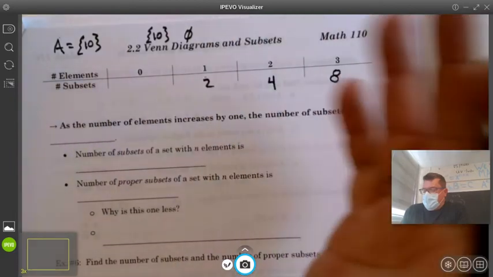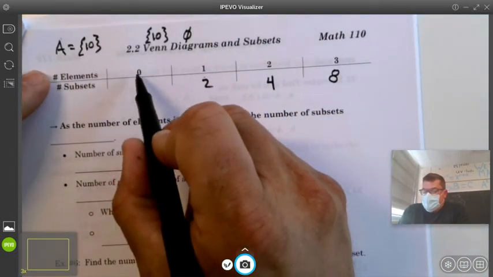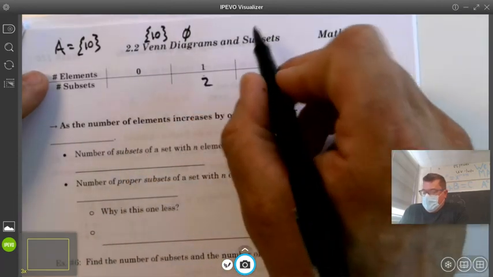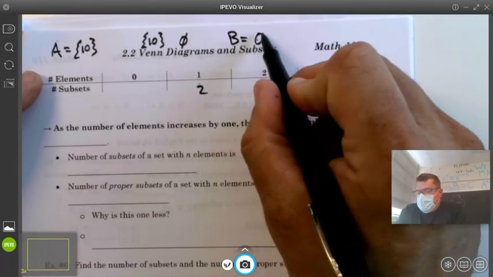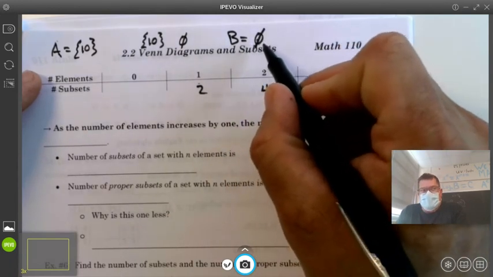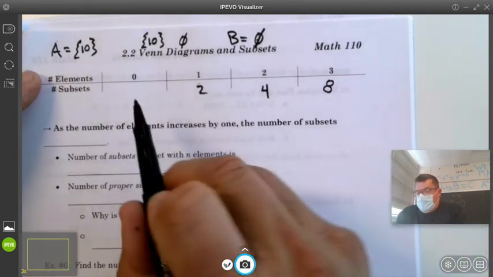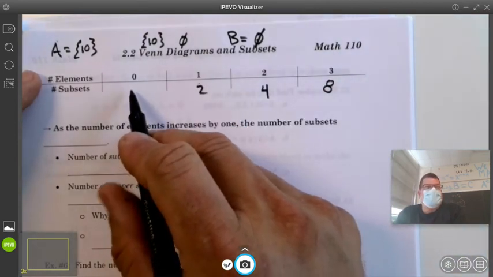And how many subsets can you make if the original one has 0 elements in it? The original set has 0 elements in it, so the original set is the empty set. How many subsets does the empty set have? 1.